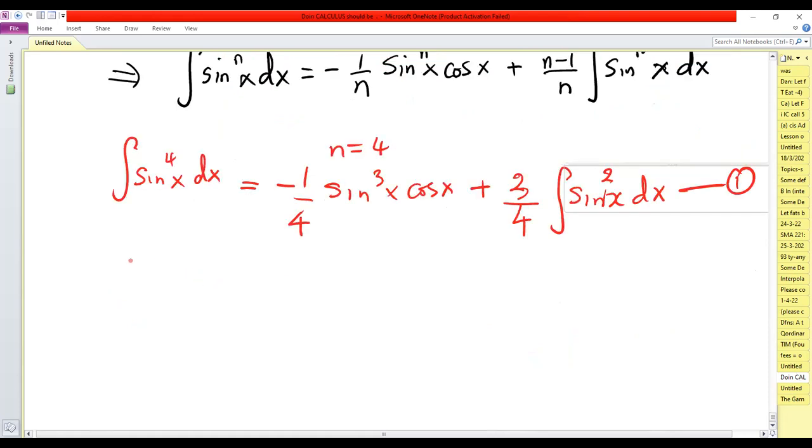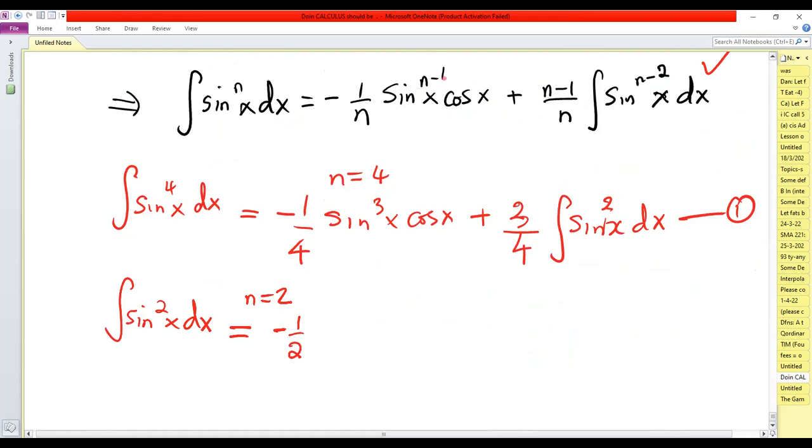Now, in equation 1, we also have to find the integral of sine squared x dx. In this case, n will be 2. So we have negative 1/2, and then 2 minus 1 is 1, so just sine of x cosine of x, plus 2 minus 1 is 1, over 2, integral of sine x power 0, which is 1, so this is just dx.